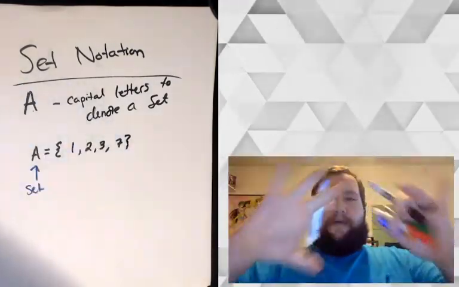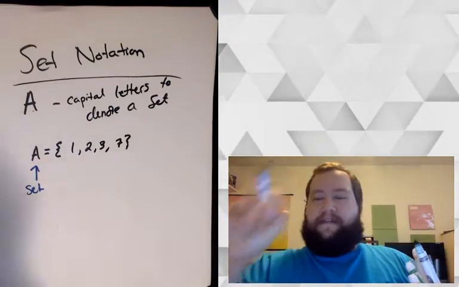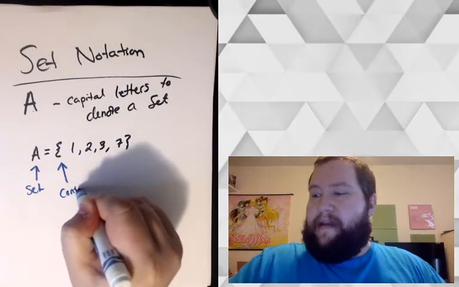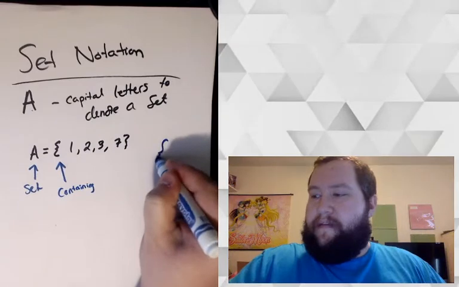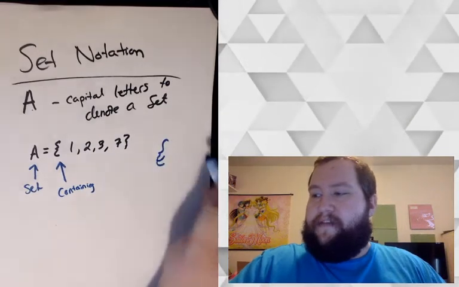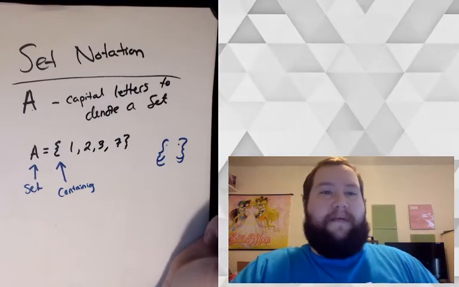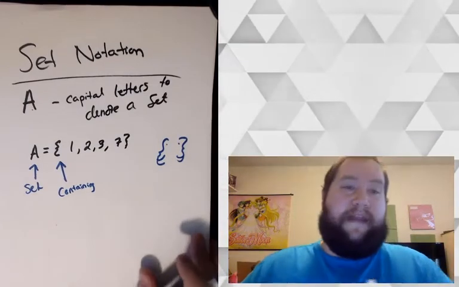Remember, we have that blown out slide or the breakout slide where it has all of these little bits. The set containing, and so we always use these curly braces. My math teacher always said braces look like faces. But we always use our braces to denote a set. And then we have some symbols.